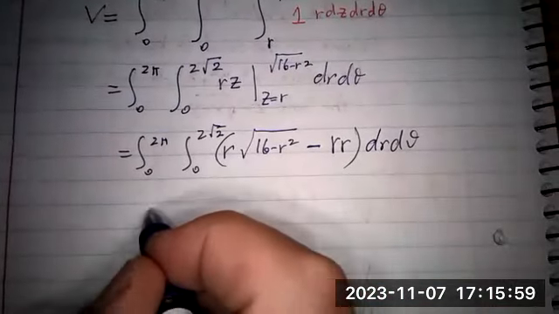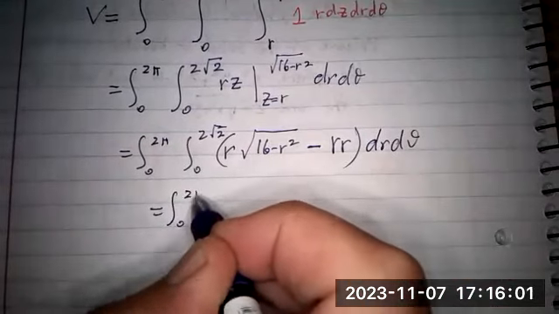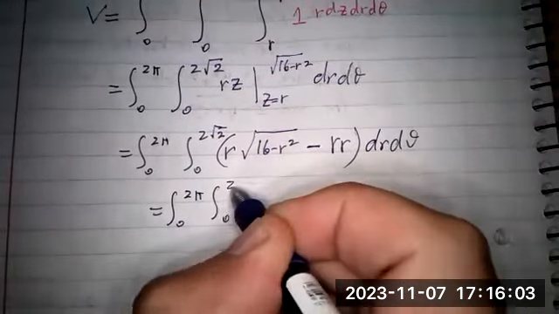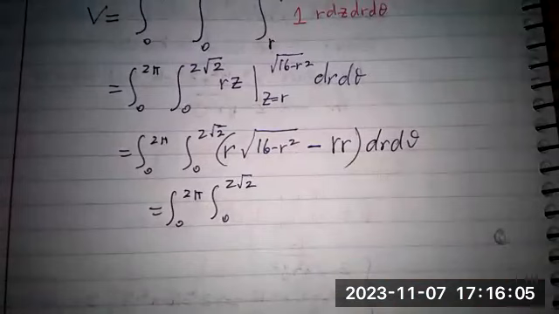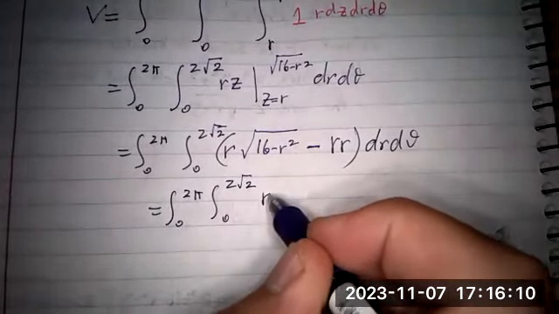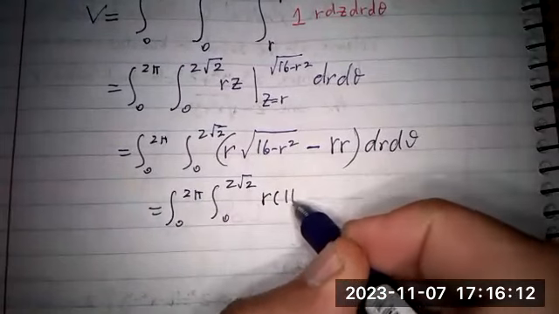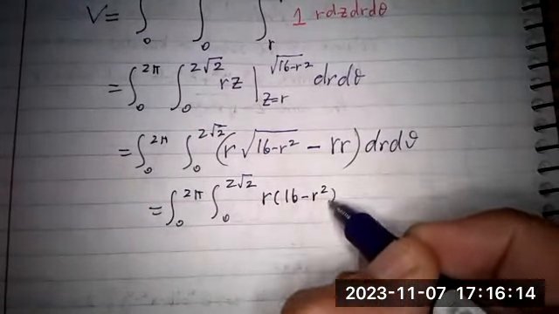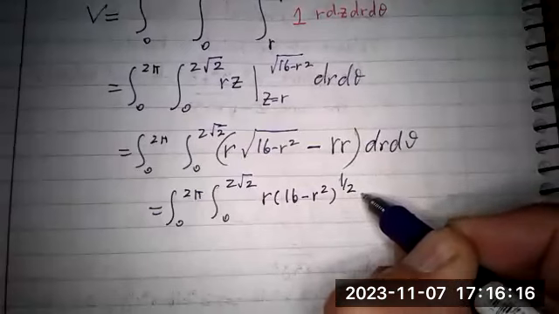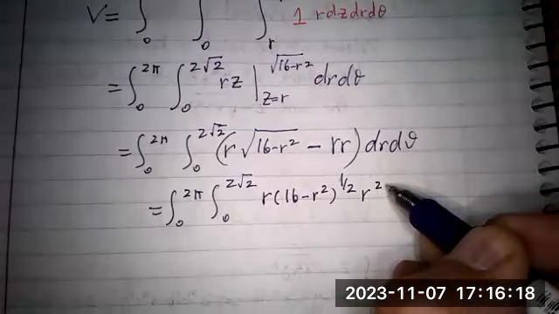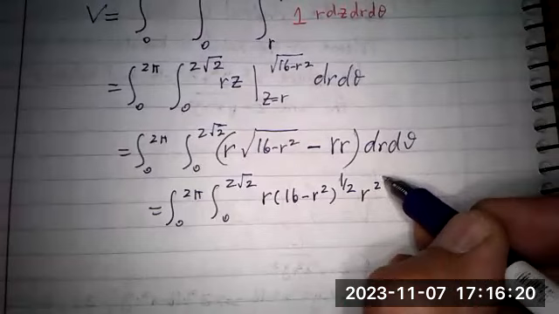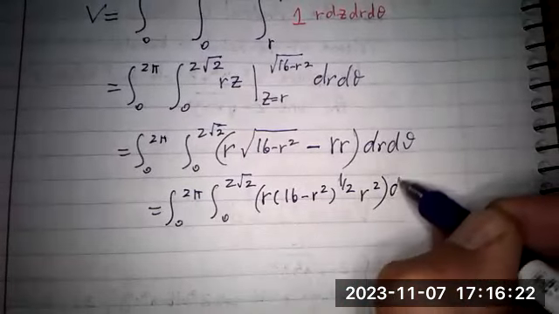So it's going to be 0 to 2 pi, 0 to 2 radical 2, and this is going to be r times what? r times 16 minus r squared to the half, minus r squared, and the dr d theta.